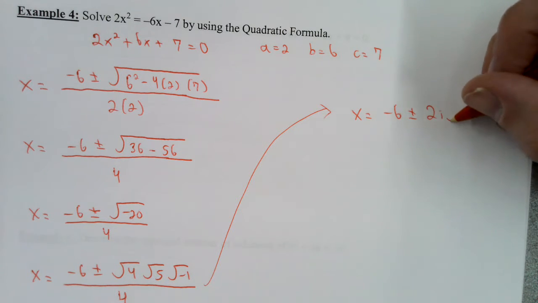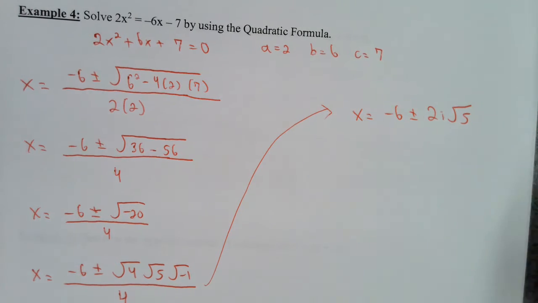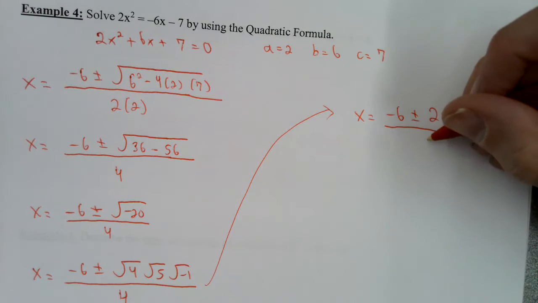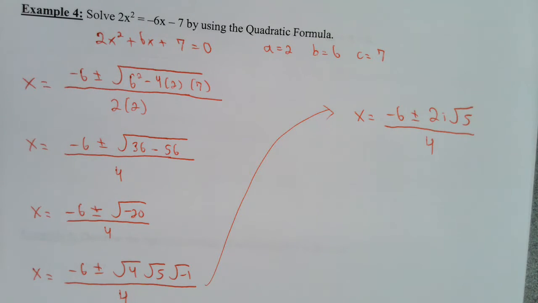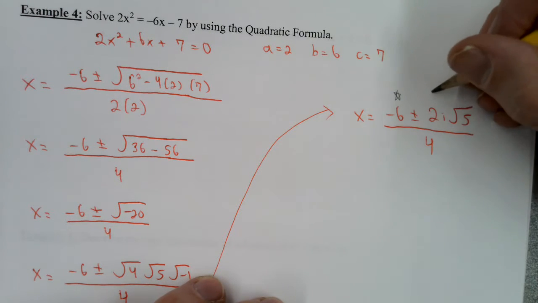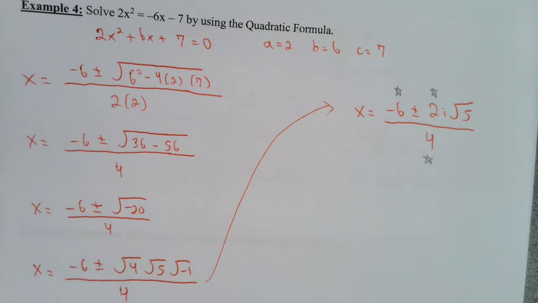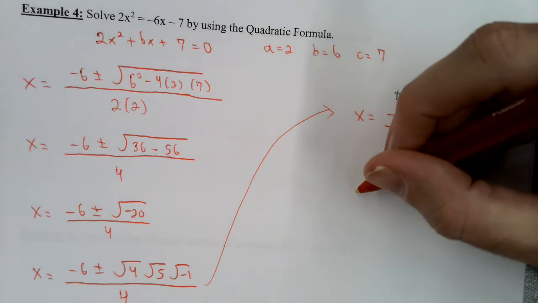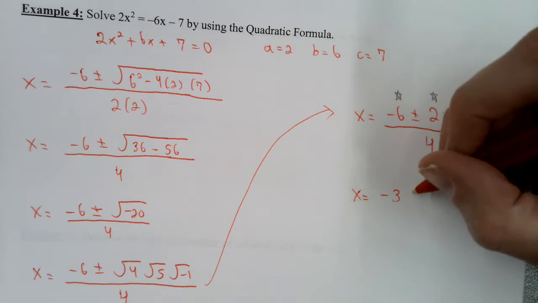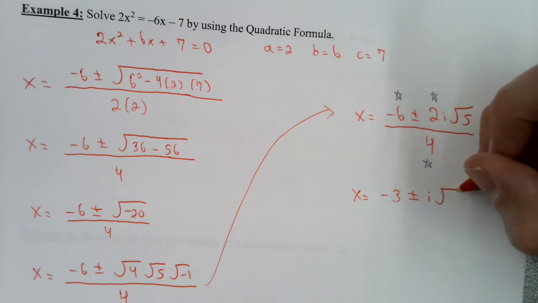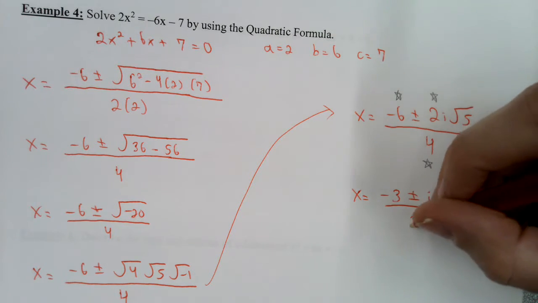The square root of negative 1 becomes i, and the square root of 5 stays. And again, we have these three numbers that have a common factor, so we're going to divide by that common factor of 2 to get the final answer. x equals negative 3 plus or minus i square root of 5, divided by 2.